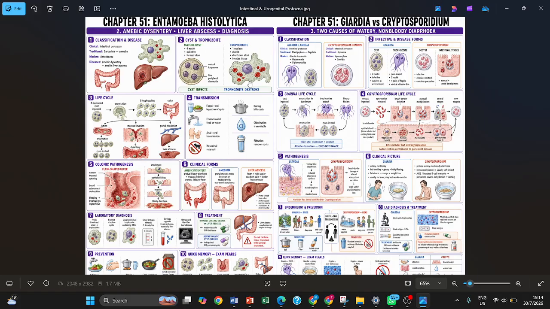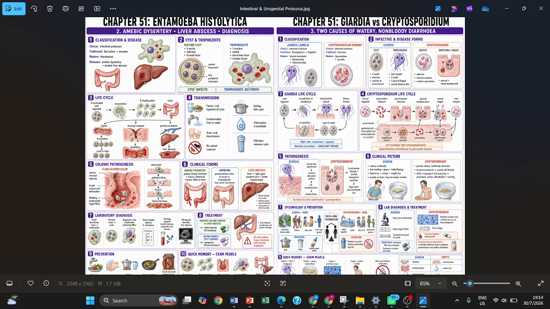So Entamoeba histolytica gives us amoebic dysentery, and Giardia lamblia and Cryptosporidium hominis give rise to watery non-bloody diarrhea, right? That's basically the distinction you can get when it comes to the clinical findings of these organisms.